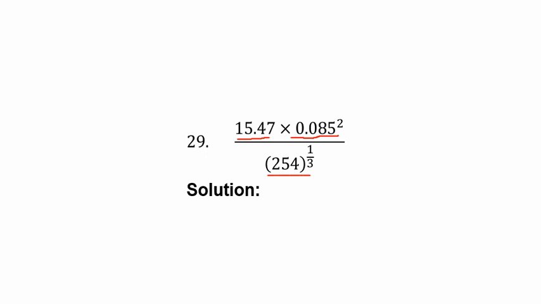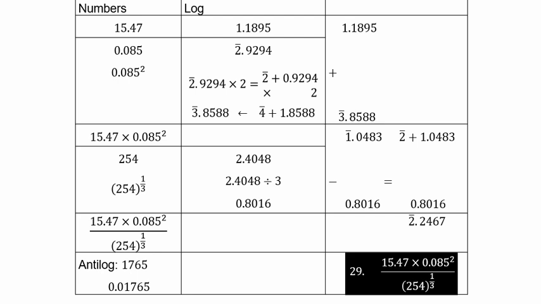The numerator, we have multiplication and power operation. So we attend to that quickly. So let's take the solution. Okay, so this is the whole solution. So follow it step by step.